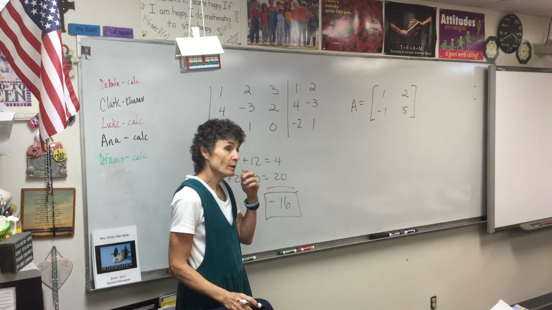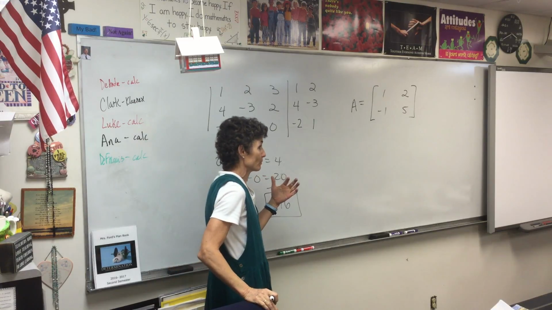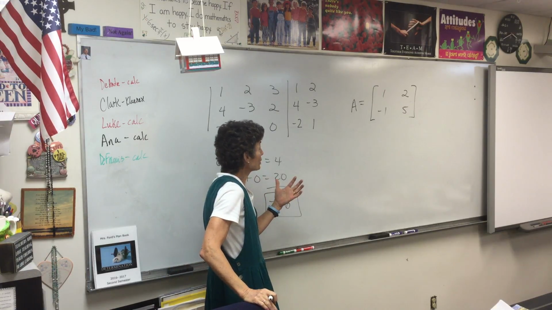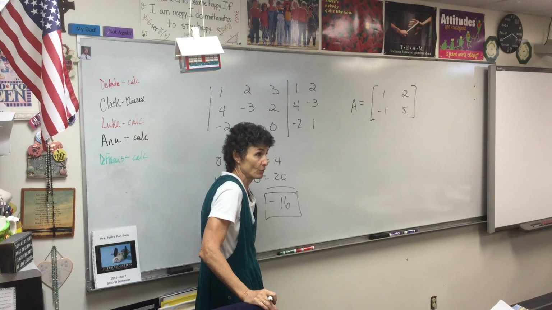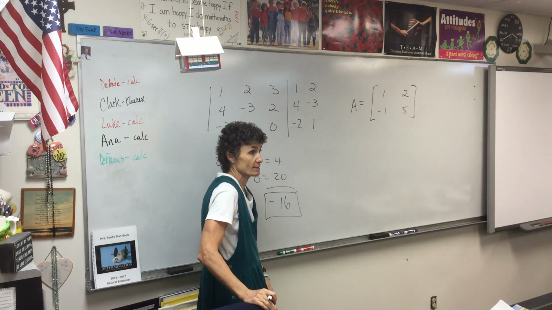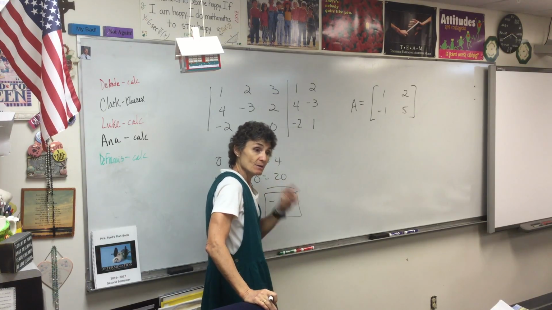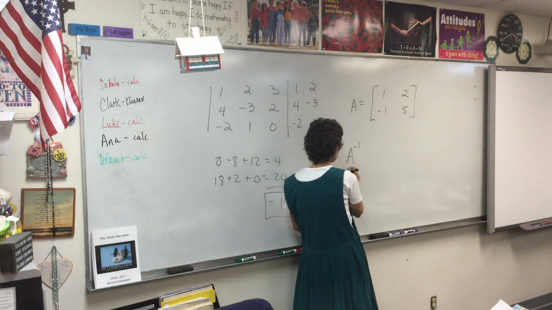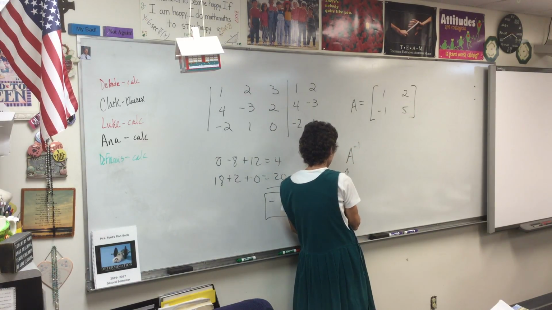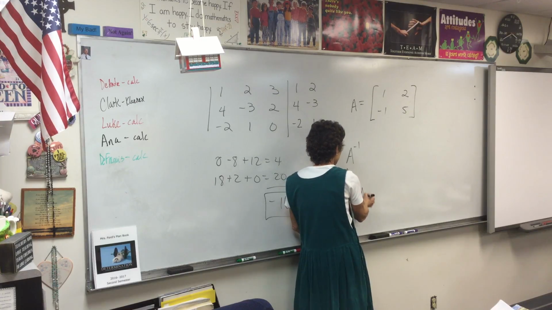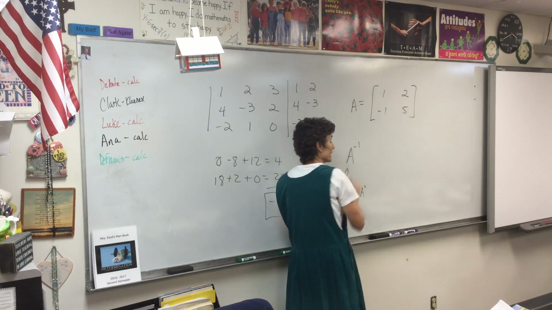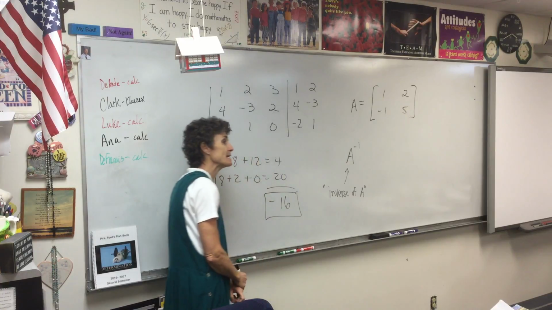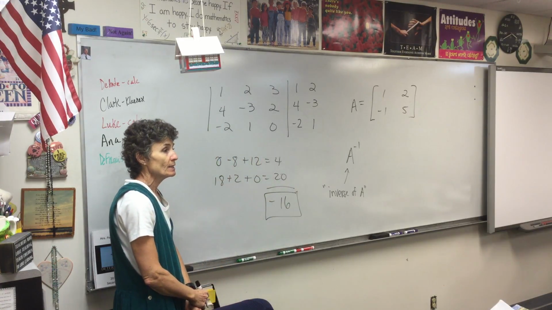We are not going to do a bunch of hard inverse stuff, but we are going to learn how to find the inverse of a 2 by 2 matrix. Okay? The notation is this. That means the inverse of A. It looks like a little -1 exponent, but it's the inverse notation.